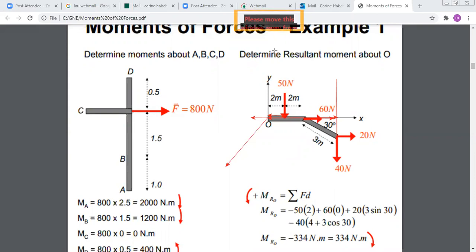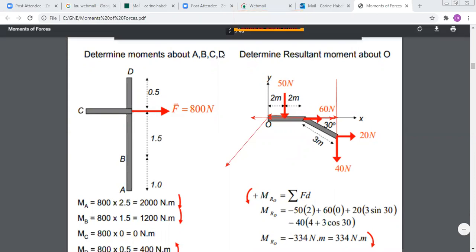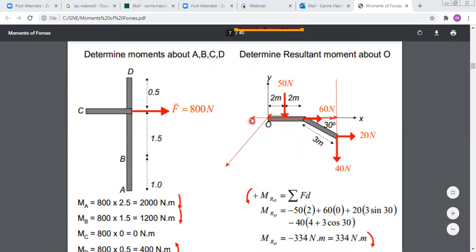But even if you don't use the right hand rule, try to imagine how this force is tending to rotate the bar. Look, if I'm putting a force on the bar, how will it tend to rotate it? Not in this way. So the moment of 50 is clockwise.